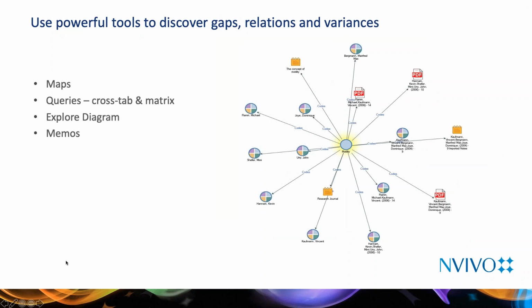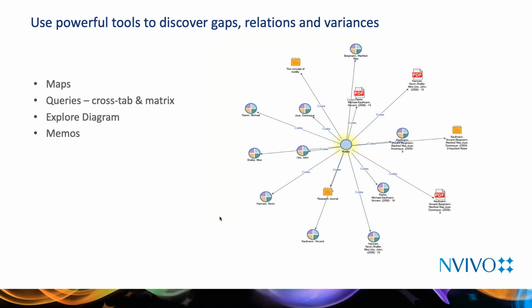And there are powerful tools that can help you discover gaps or relationships or variances within the data. Right here, we're looking at the explore diagram, where I may be looking at the term, the concept of modality, which will be part of the sample project that we'll be dabbling in.